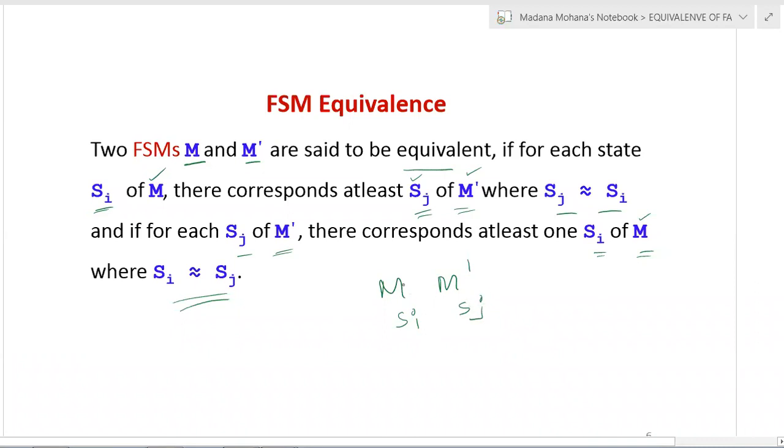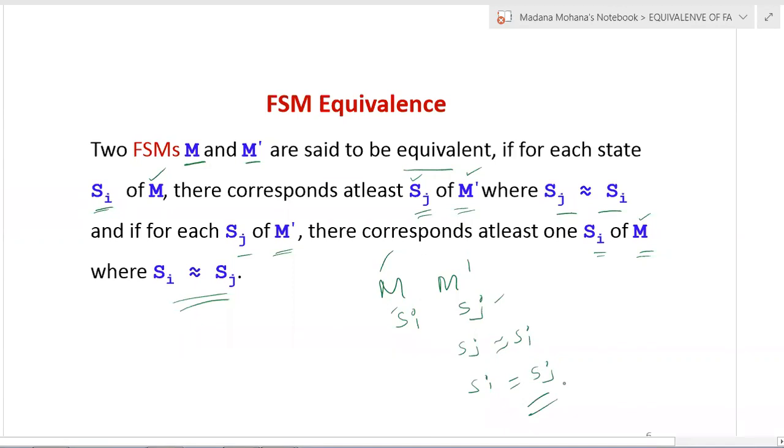First, for machine M, for the state Si, there exists a corresponding state, at least one Sj of M dash. In this case, we call it Sj is equivalent to Si. Whereas in reverse, for Sj of M dash, the second machine, there exists a corresponding state Si of M. Then in this case, we define Si is equivalent to Sj.